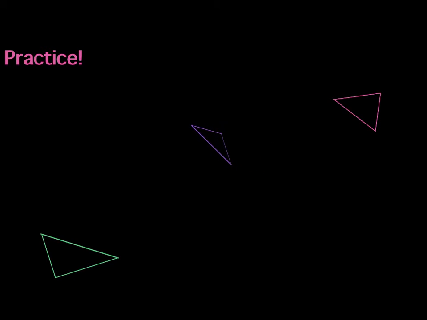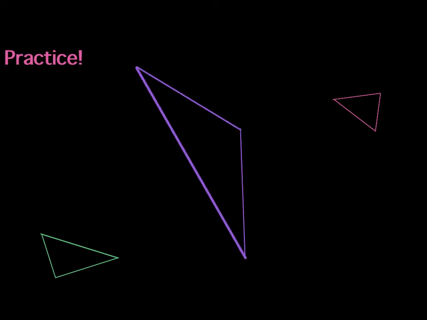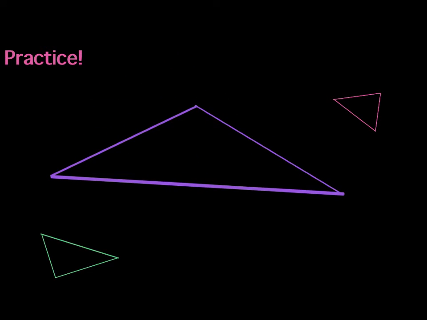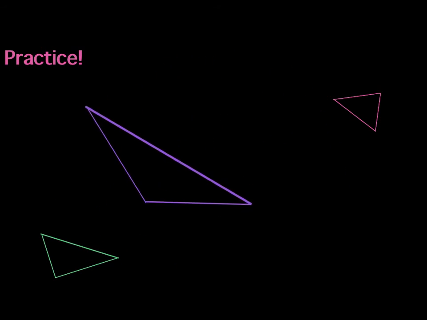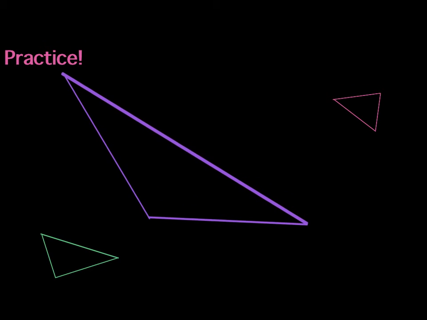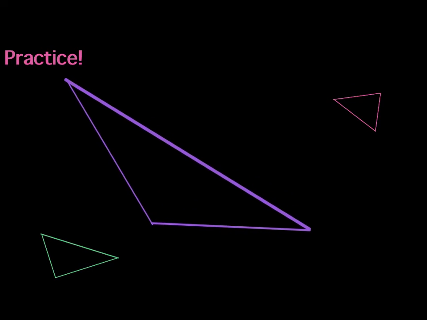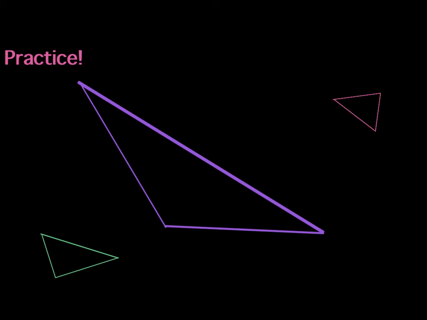And now we're going to take a look at this one. Come on, Mr. Triangle, you need to cooperate. There we go. All right, so if we take a look at this triangle, we have what looks like a very small angle here, very small angle here. Both of those are acute, but if we flip it around this way, look at this angle here on the bottom.